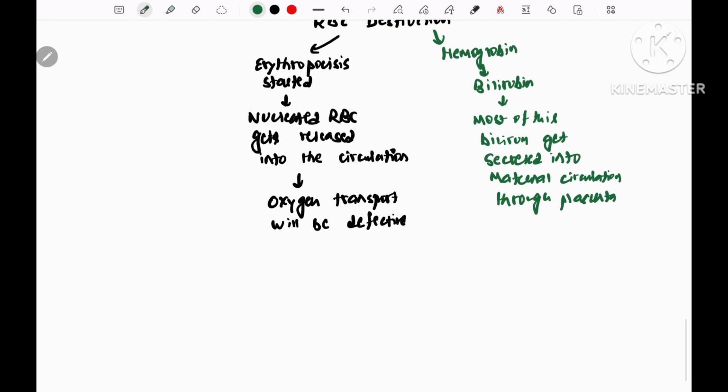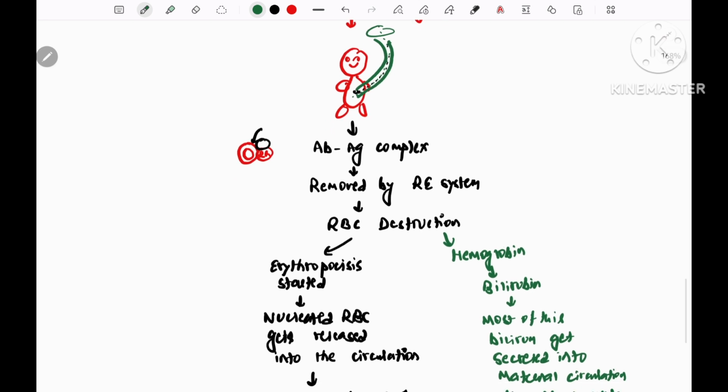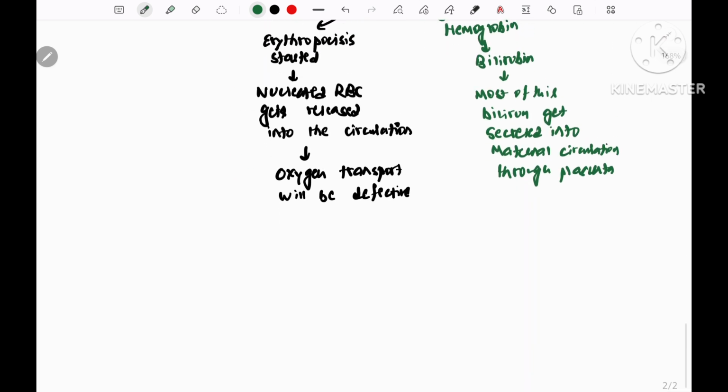No. Why? Because this unconjugated bilirubin keeps getting transported to the maternal circulation through the placenta, and the level of bilirubin does not get much higher, due to which the baby does not get jaundice.